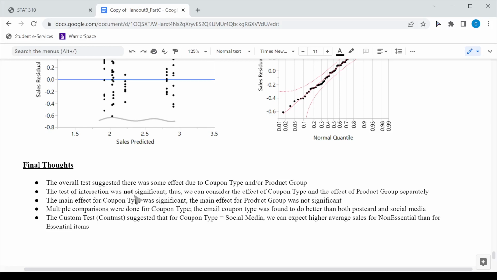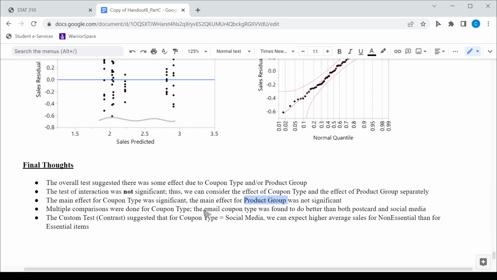The test for the interaction was not significant. So we can consider the effect of coupon type separately from the effect of product group. The main effect for coupon type was significant. So that means I do have differences across coupon types, but the main effect for product group was not significant. So I don't have to worry about differences in essential and non-essential.